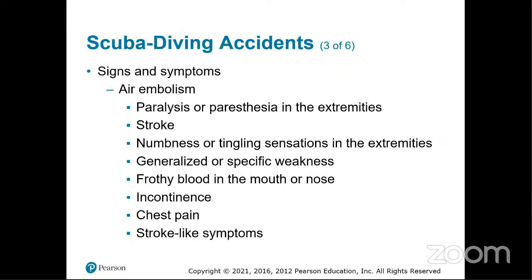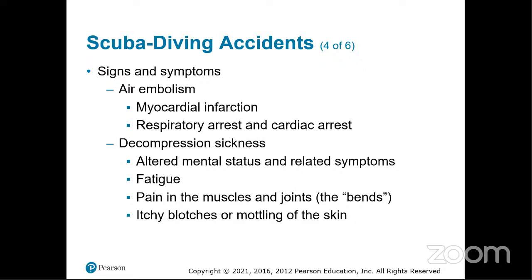Incontinence, so they can't control their bowels, chest pain, and stroke-like symptoms. It can also resemble a myocardial infarction, so a heart attack, or respiratory or cardiac arrest. Same thing, depends on where that air embolism went.